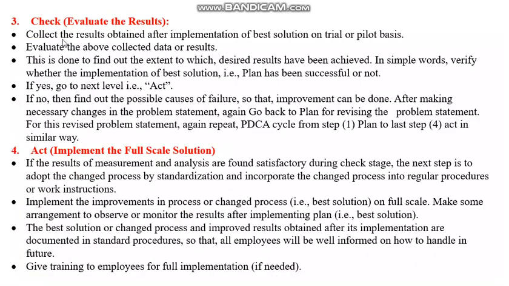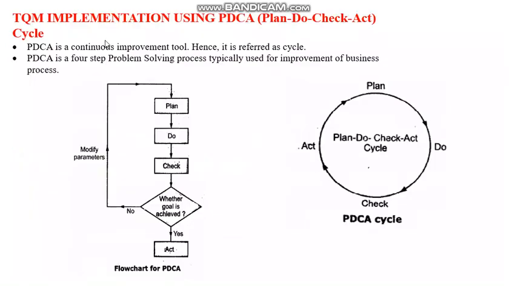Then the third in PDCA is C, which is check. That means you have to evaluate the results, a comparison is coming. In our flow chart we have seen P, plan, D, do, then check, then act.